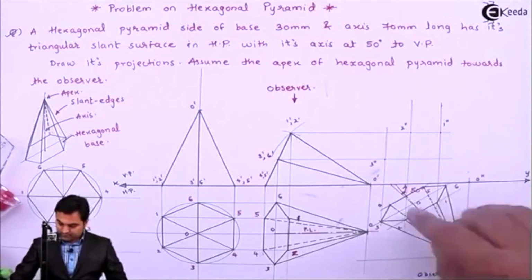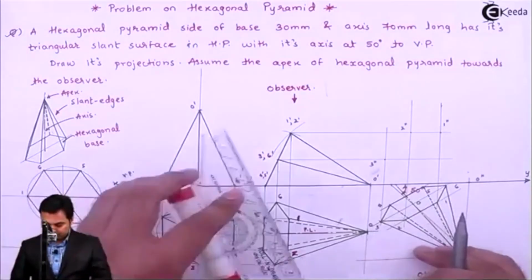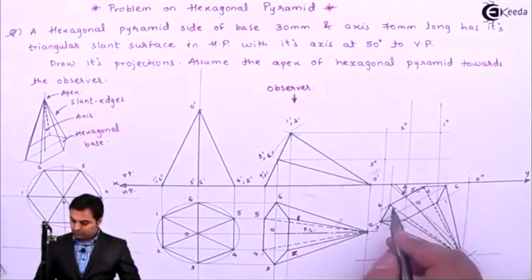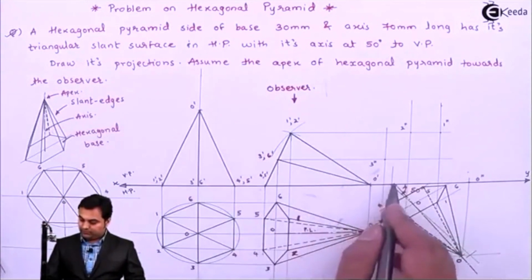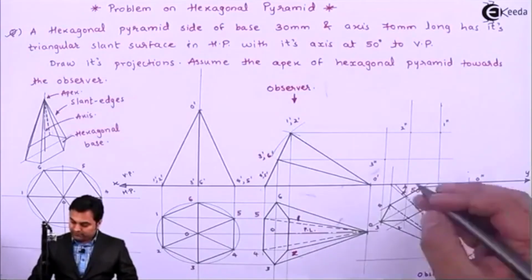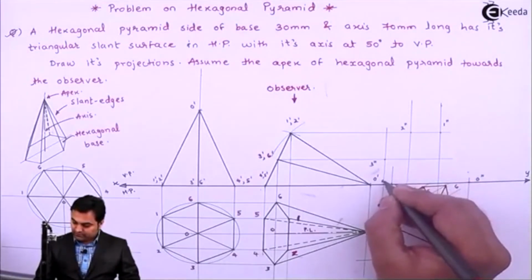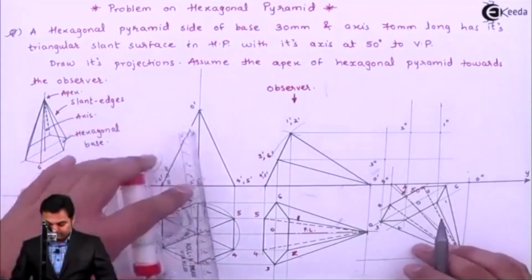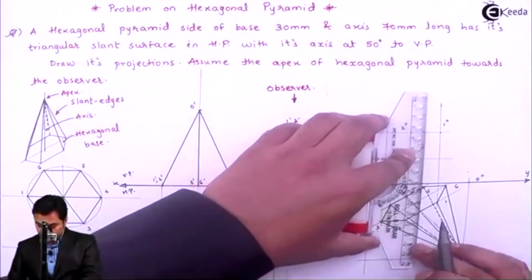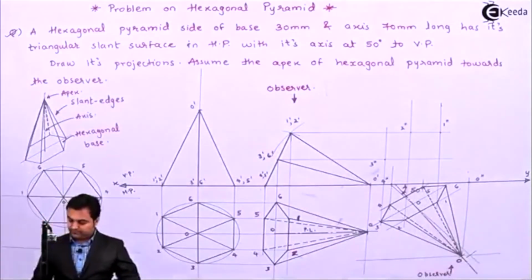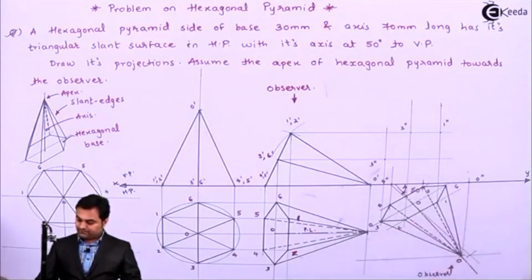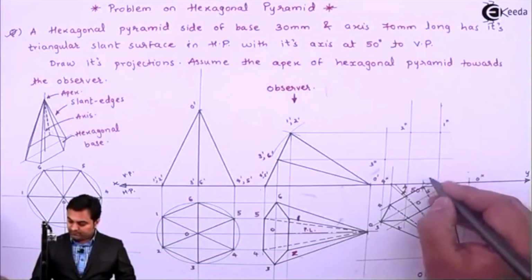Next point 4, now point 4 from the top view and 4 dash from the front view, wherever they intersect, that will give me the point 4 double dash. Then point number 5, where point 5 and 5 dash intersect, that will give me 5 double dash.